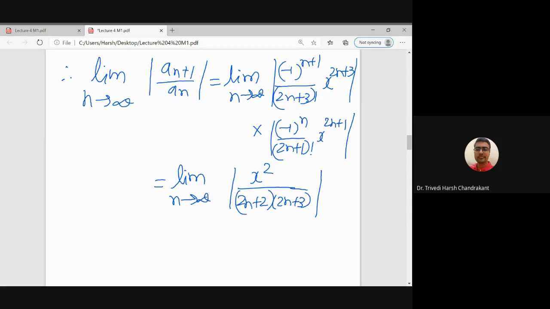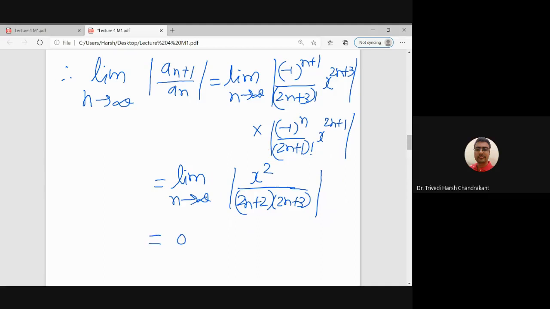Okay, so we one by one substitute the value of x and see what the limit is, because we are applying the ratio test: if the limit is less than 1, the series is convergent; if the limit is greater than 1, it diverges. So if we substitute x equal to 0, then this term will be 0, right? So the limit will also be 0.